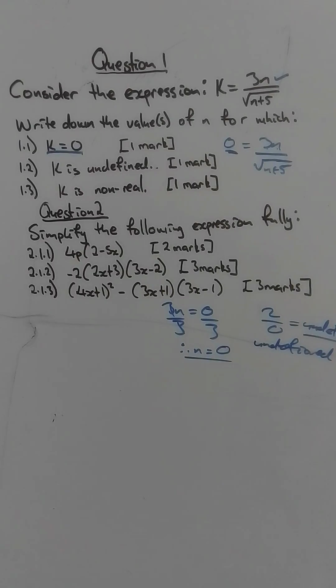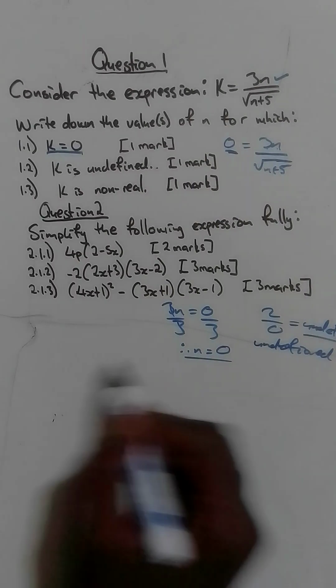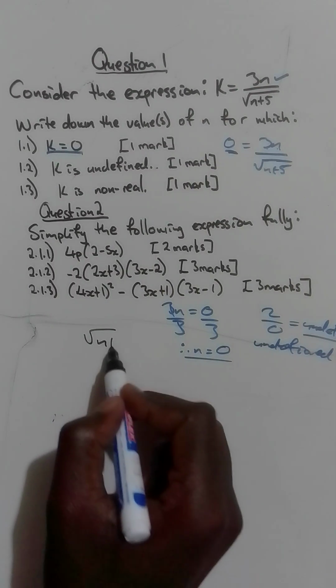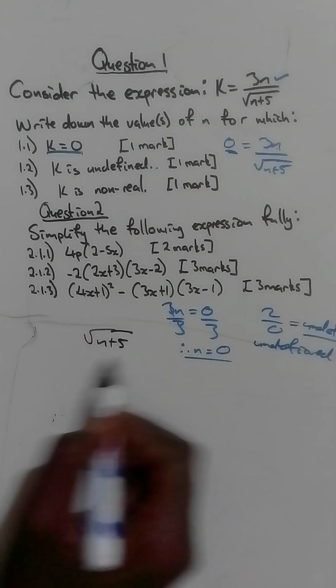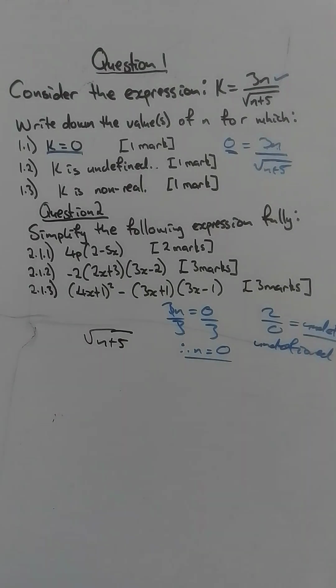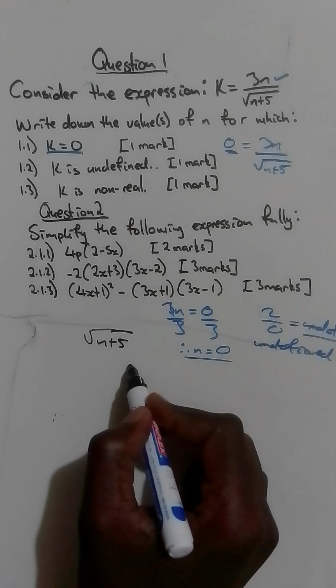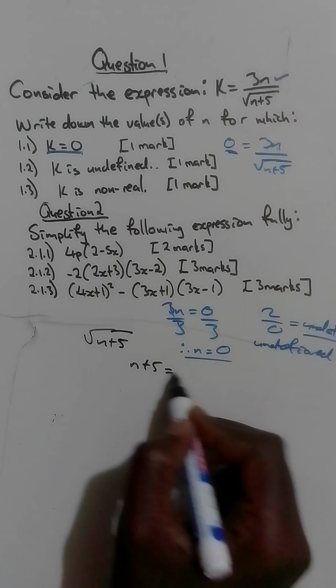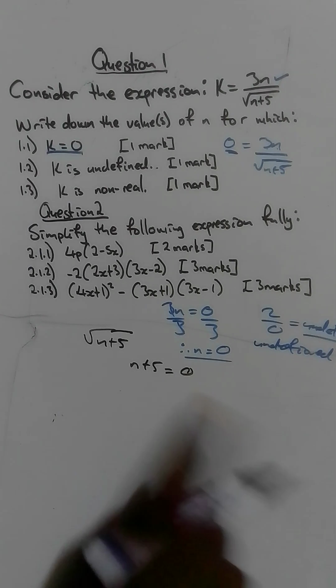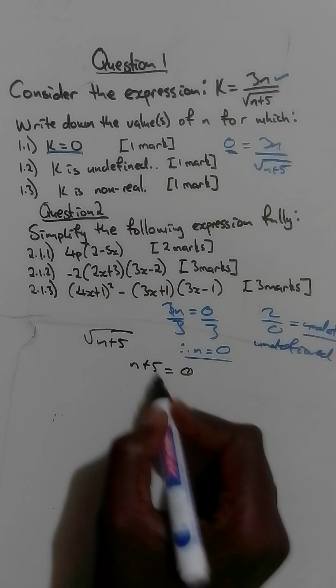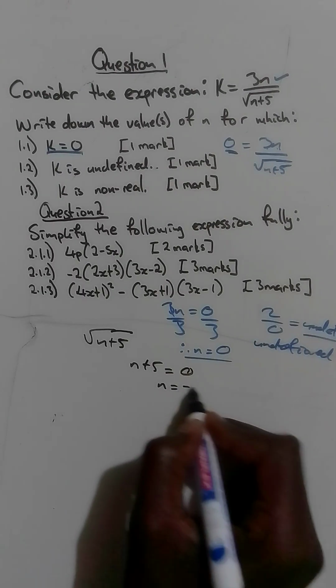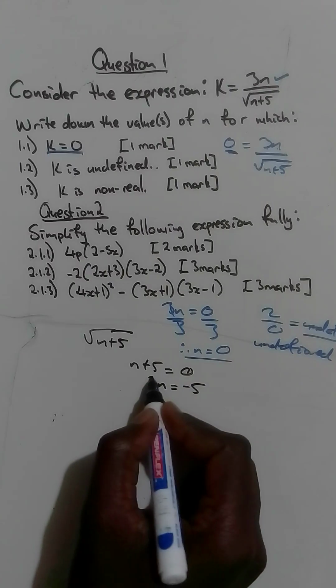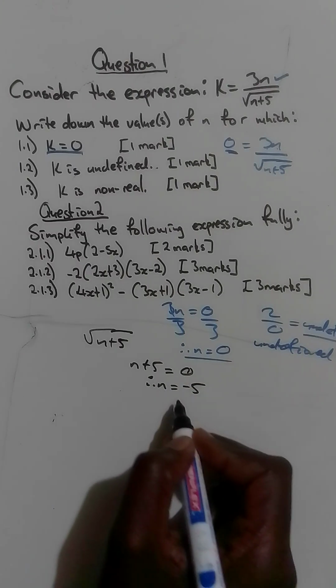Observe here, I have been given the square root of n plus 5. So now I say n plus 5 is equal to 0. I set up this equation and then I transpose the positive 5, it becomes negative 5. So therefore my n is equal to negative 5.